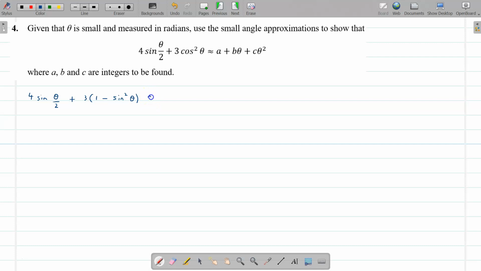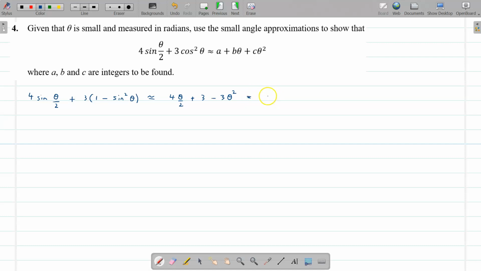and then I'm going to say that that is approximately equal to 4 lots of theta over 2, plus 3 minus 3 theta squared, without the sine, you see. And that's virtually it. I've just got to simplify that a little bit, and change the order as well.